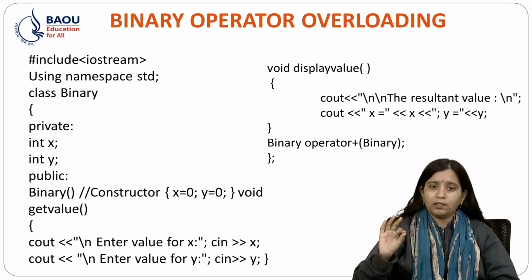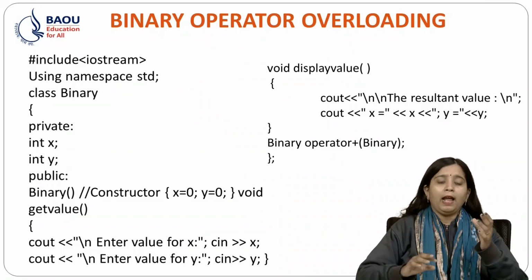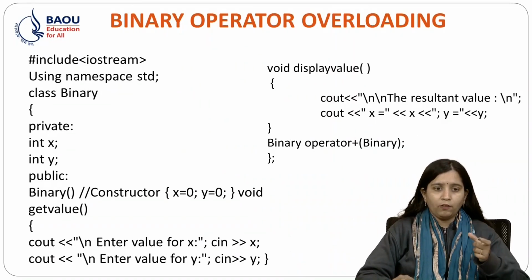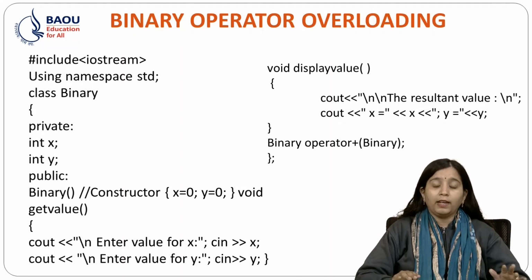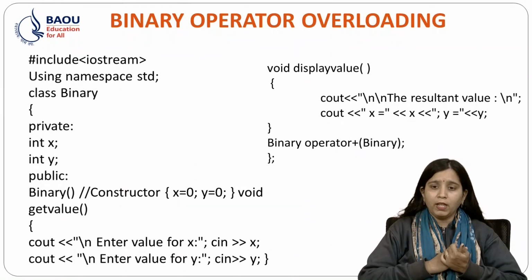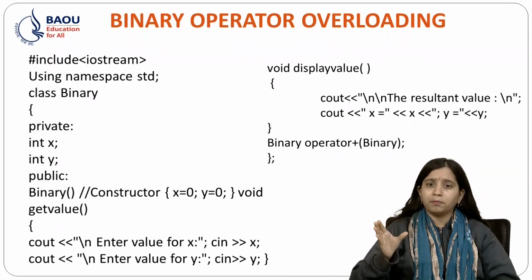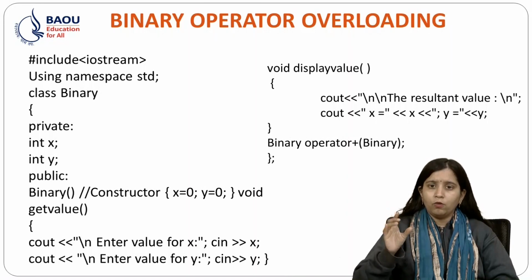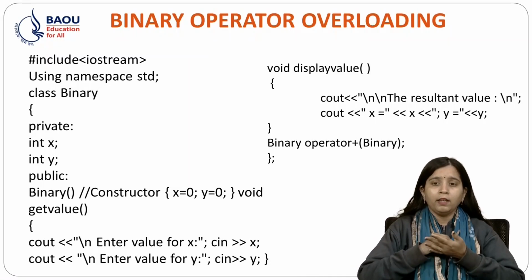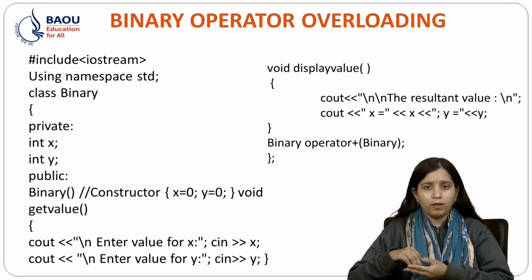So at first the x and y values are 0. The getValue function is simply getting the value of x and y from the user, and void displayValue gives the resultant value, that is the current value of x and the current value of y.